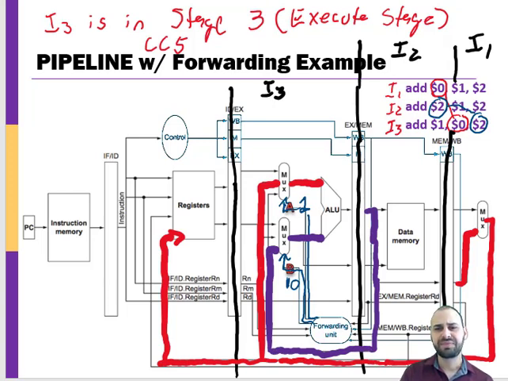Instruction 2 is in the mem stage, stage 4, and that needs to go to instruction 3 in the execute stage, as the second input into the ALU. If you know that, you could trace where things need to go and figure out what those control signals must be for this to work appropriately.